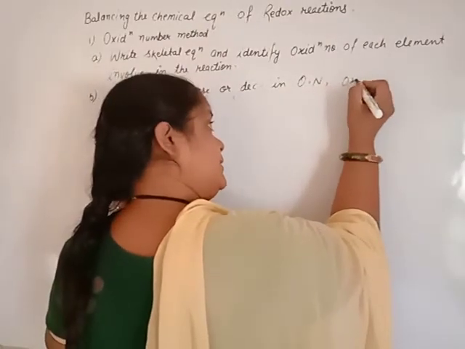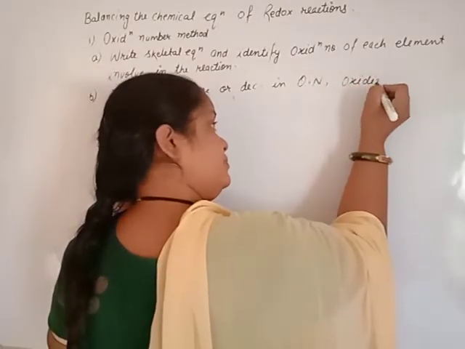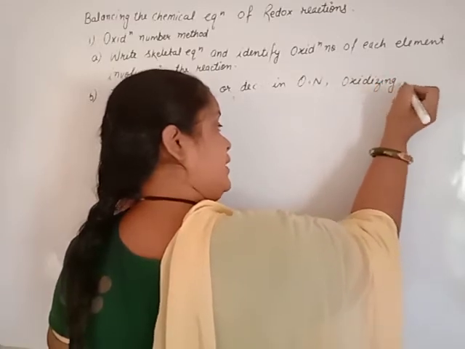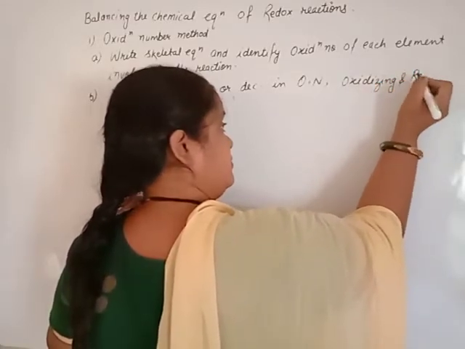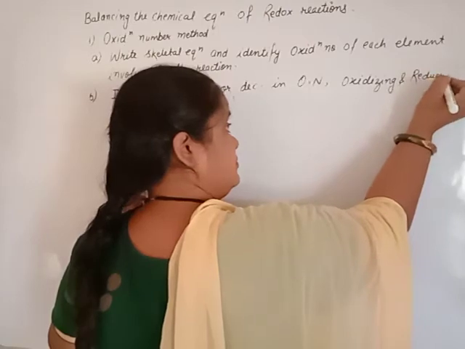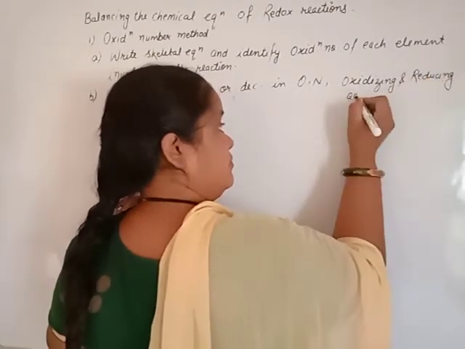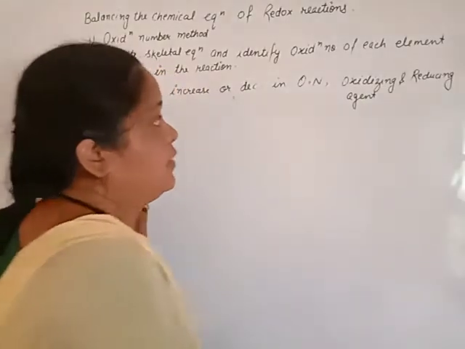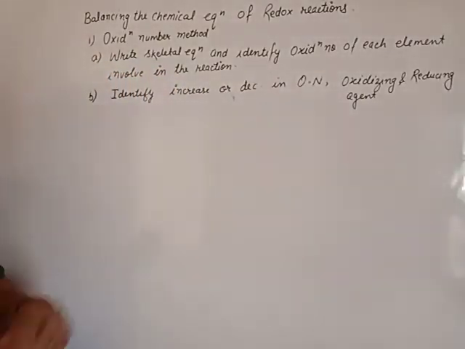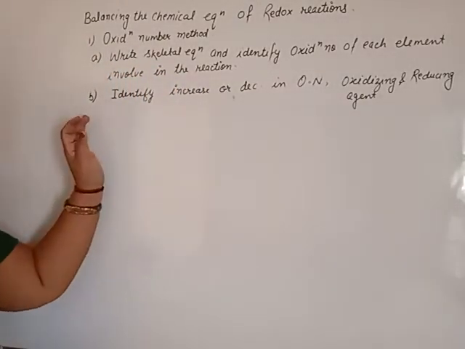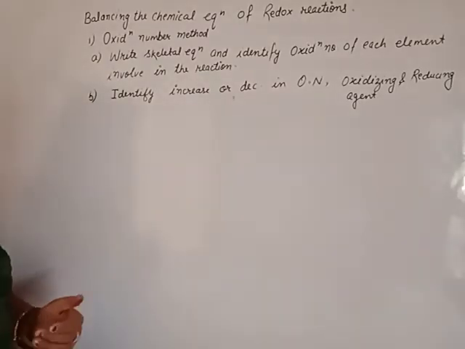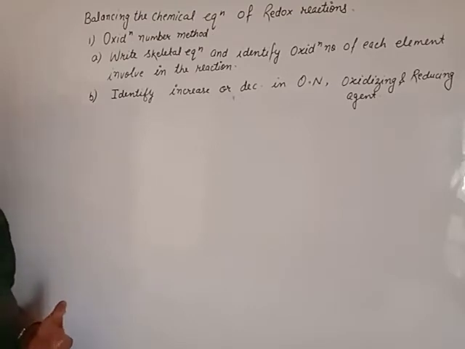Then oxidizing agent and reducing agent. Oxidation number increases from which element to which element, decreases from which element to which element, and then which is oxidizing agent, which is reducing agent. The substance which undergoes oxidation is reducing agent and that which shows reduction is known as oxidizing agent.